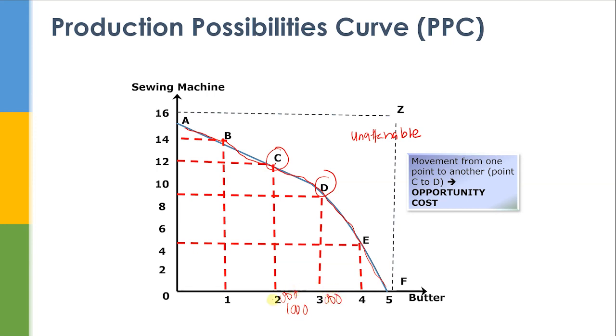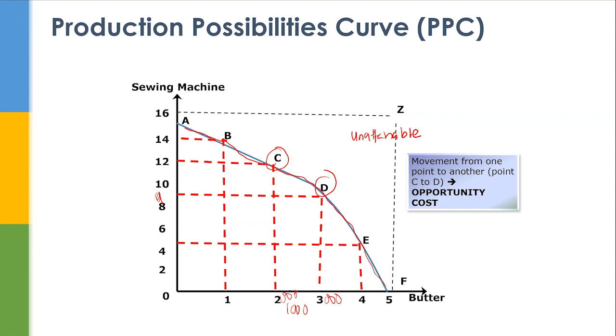If let's say dia nak add another 1,000, dia nak increase production of butter 1,000 units. 1,000 kilogram more. So, Jaya has to forgo 3,000 units of sewing machine. Okay, why? Because dekat sini lah. Ini 9. So, 12 tolak 9. So, 3,000. So, Jaya akan kehilangan output 3,000 untuk sewing machine, tapi dia dapat increase 1,000 kilogram of butter.